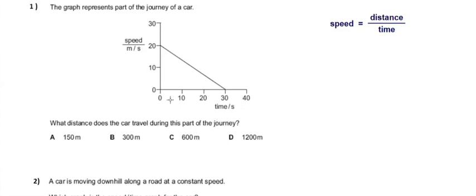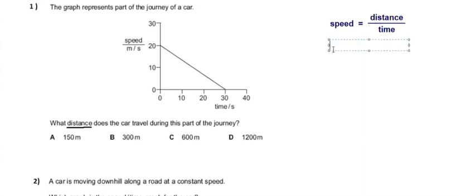So here they are asking us what is the distance the car has traveled during this 30 seconds time. And we know that speed is nothing but distance divided by time. So distance is nothing but the speed multiplied by time.